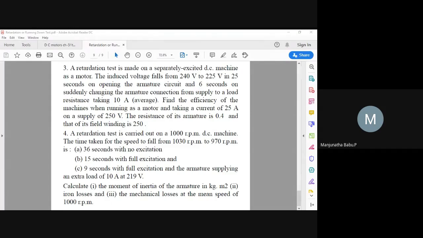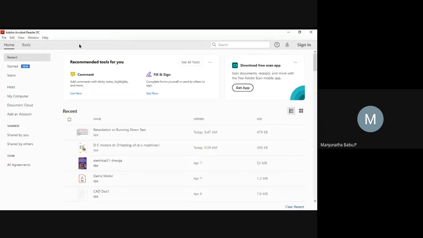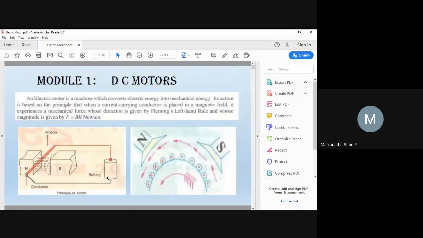So I'll stop the presentation. Next, let us go for another model. Model 4 I'll start. Instead of starting model 3, I'll go for model 4, that is a bit easy compared to model 3.